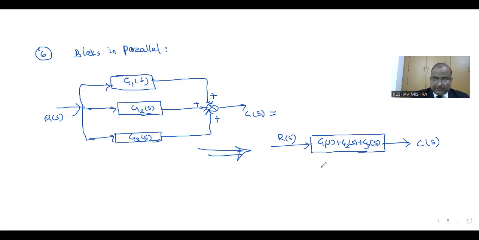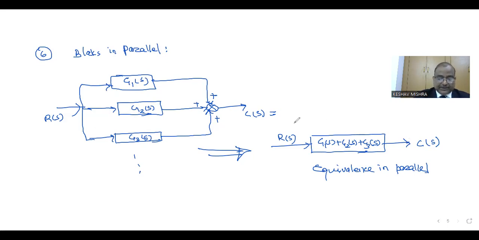So this is the equivalence in parallel. Blocks in parallel: if given blocks are connected in parallel, then we can combine the outputs from different blocks at a summing point, and instead of using individual blocks G1s, G2s, and so on, we can represent them by a single block, and the transfer function for this block is the sum of the individual transfer functions of the blocks connected in parallel.